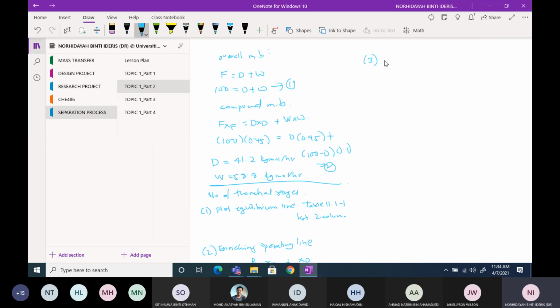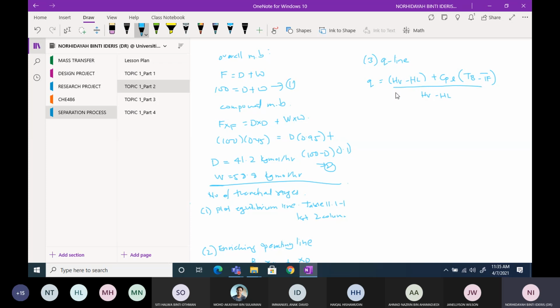Now you refer to the book, the book of notes. Just recall that q is equal to (H_V minus H_L plus C_PL times (T_B minus T_F)) over (H_V minus H_L). Hope you just remember this equation.